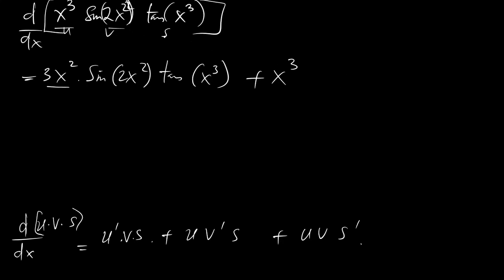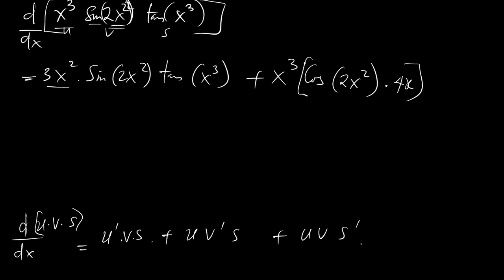So if you differentiate this, you have cos 2x squared, with respect to this value inside, times, differentiate this inside, which is 4x.